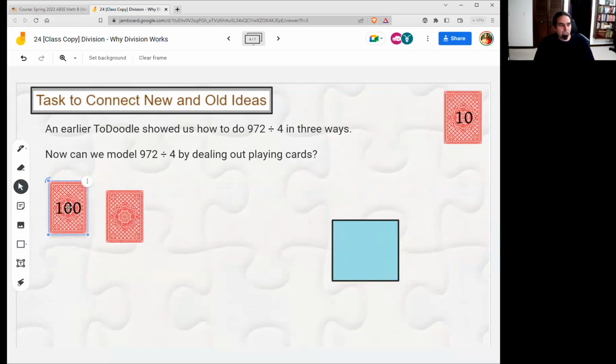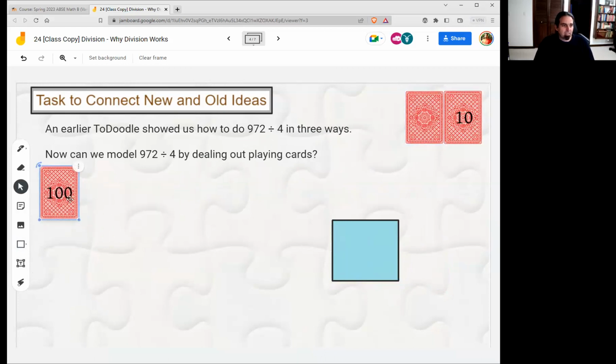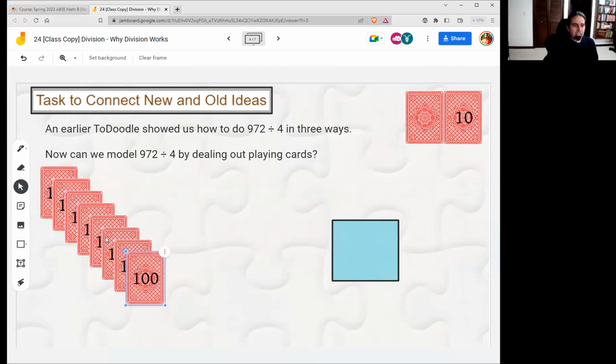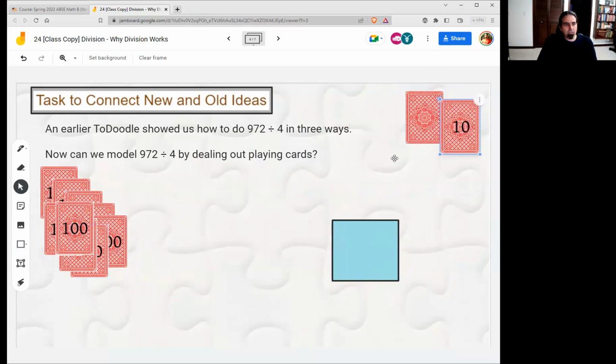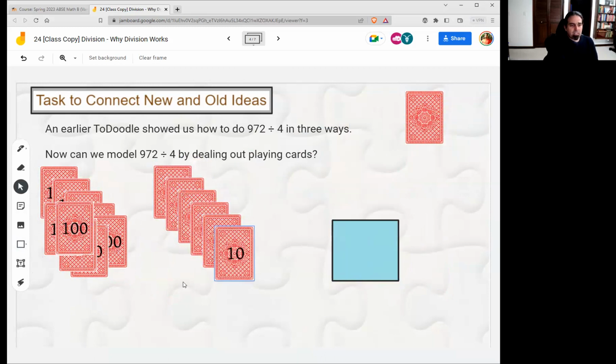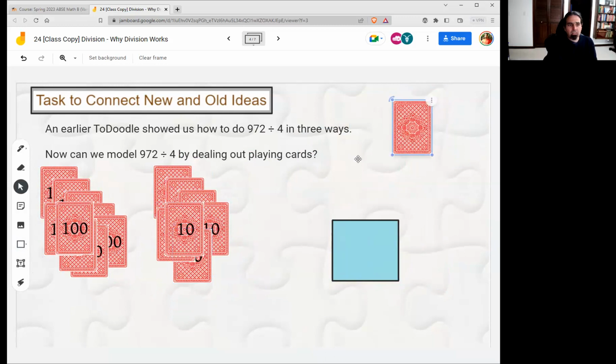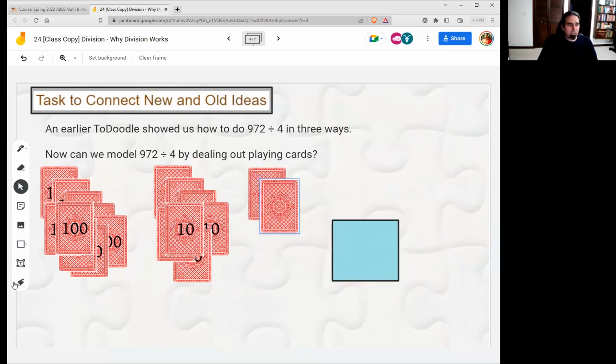So here's 100, 2, 3, 4, 5, 6, 7, 8, 9. So there's my 900s. I need 70: 10, 20, 30, 40, 50, 60, 70. There's all my 10s. And then I have 2 ones. Okay, so I have 972.